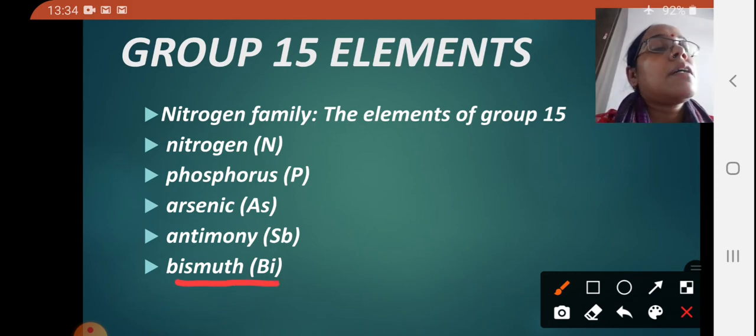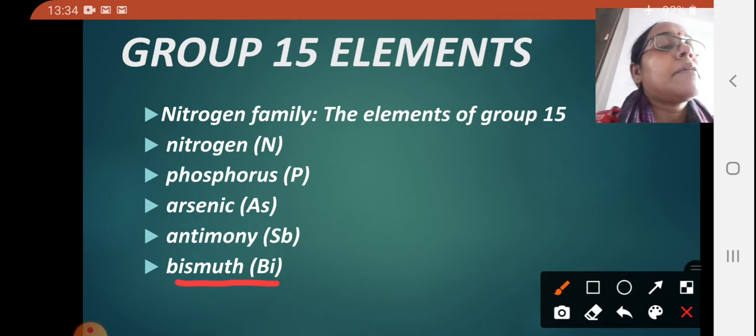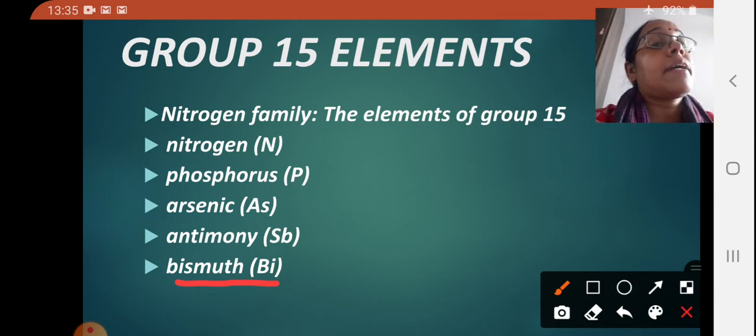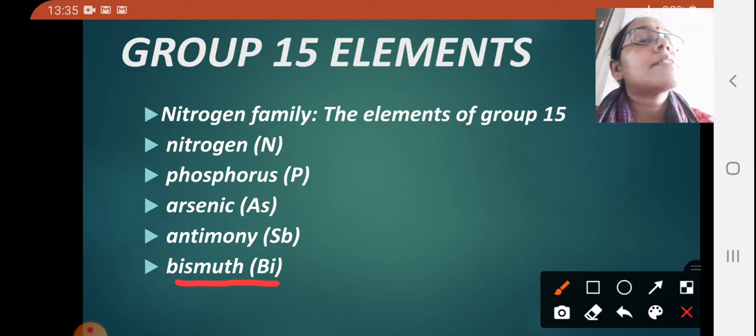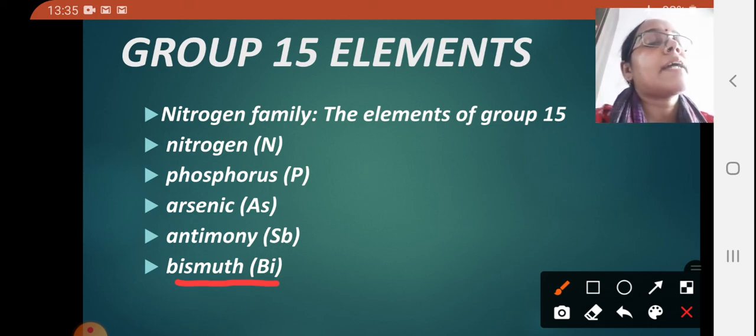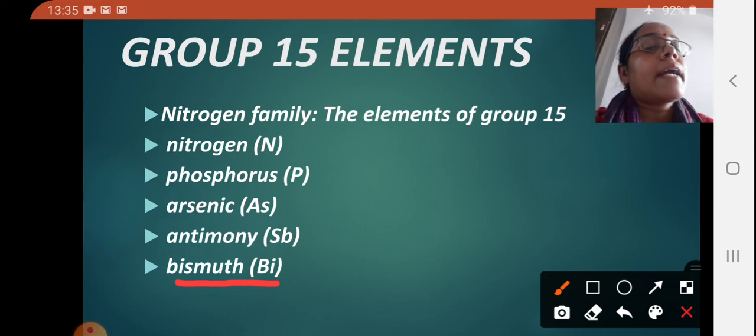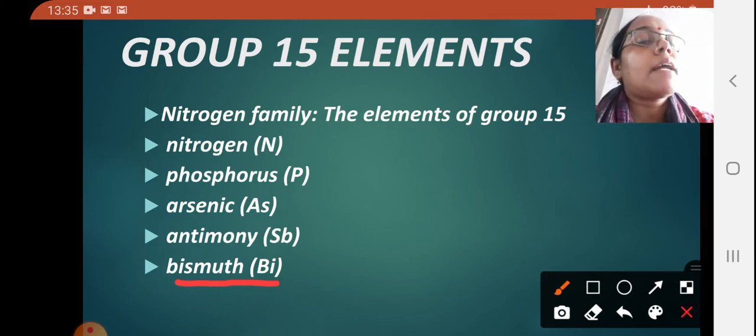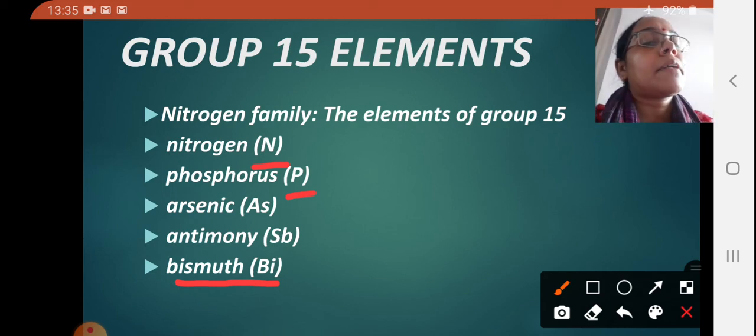See students, one point which is a very small but very important point is that whenever we are writing the symbols, we should always write the first letter capital and the second letter small. Like here in nitrogen, only one letter is there, so it is written capital. Then phosphorus, only one letter, so capital.